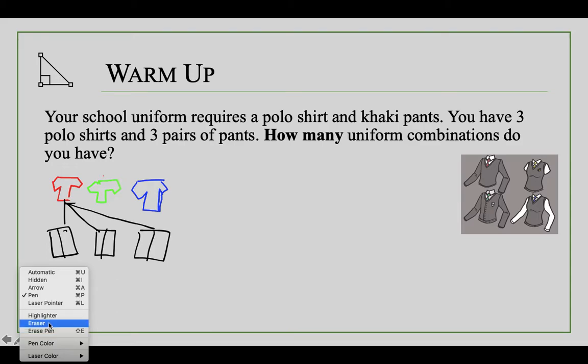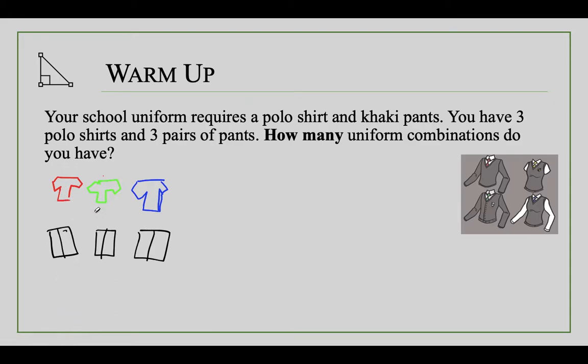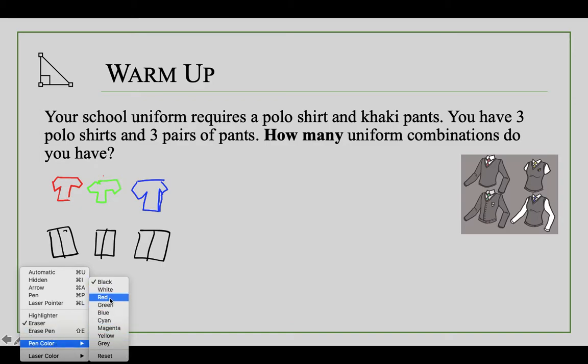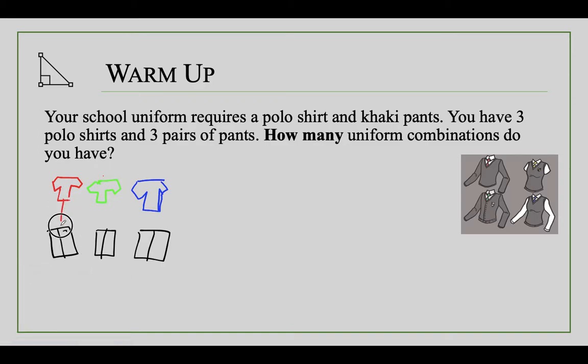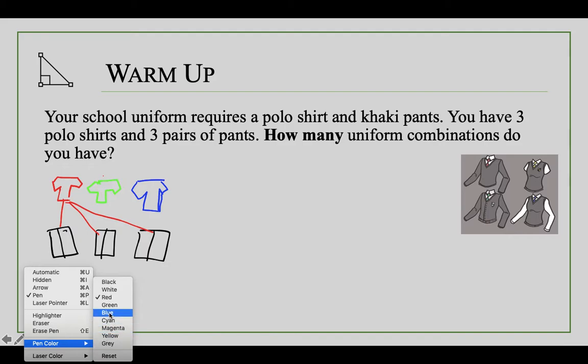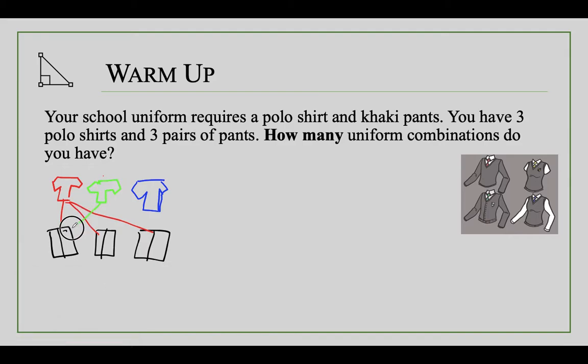In fact, let me go ahead and do it this way so it makes more sense. Let's do it the same color of our shirt. So I have this combo, and this combo. I also have this combo, and this combo. And lastly, I have this combo with this pair of pants and these pair of pants.